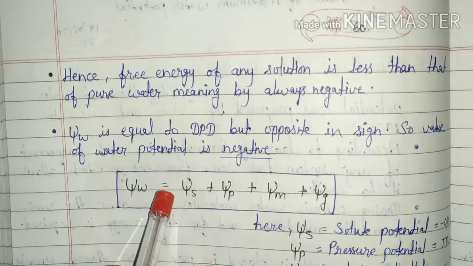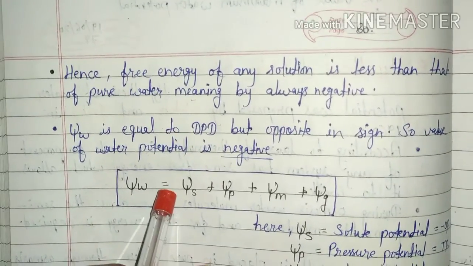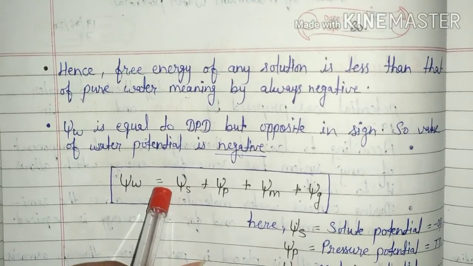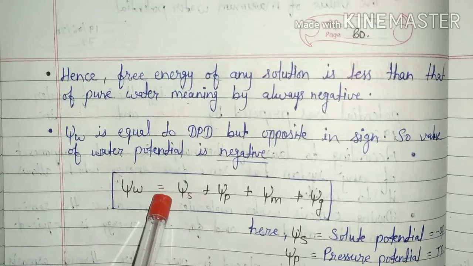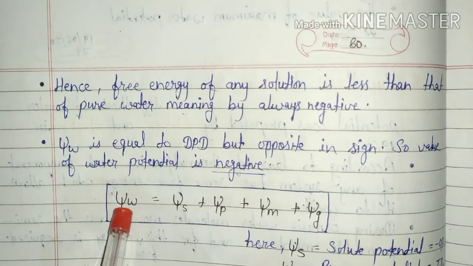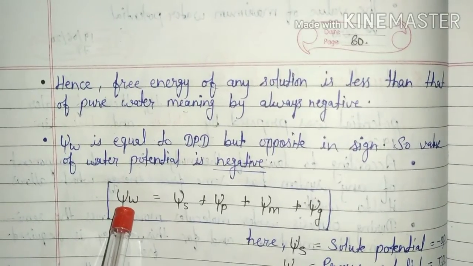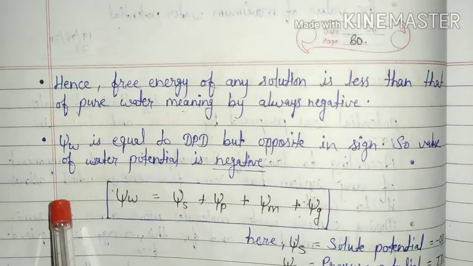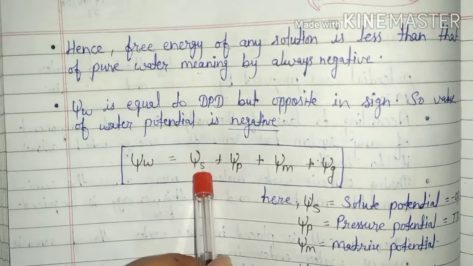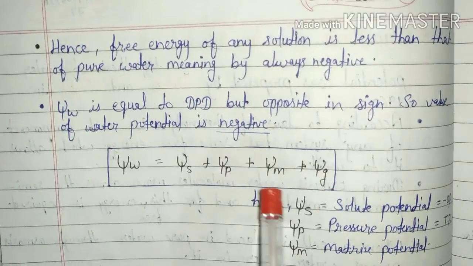Turgor pressure is called pressure potential and it is expressed as psi p, and the value of pressure potential is positive. So according to this hypothesis, the relationship between water potential, osmotic potential and pressure potential is as follows. Water potential is equal to psi s plus psi p plus psi m plus psi g.